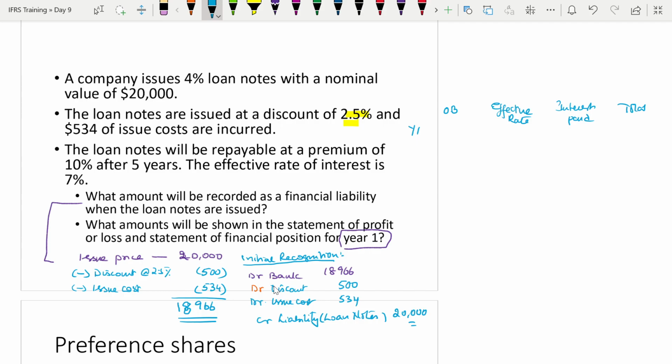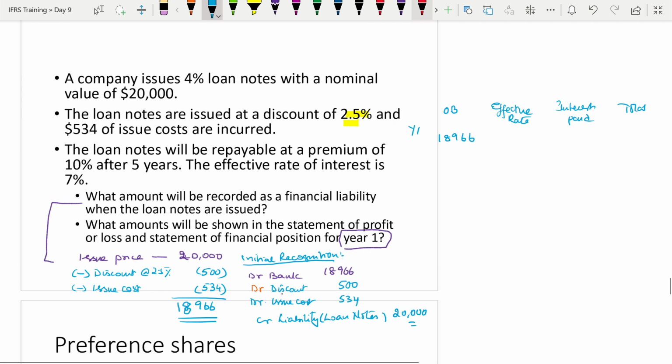Opening balance is how much? 20,000, no, sorry, it's the initial amount, 18,966. Opening balance is 18,966.